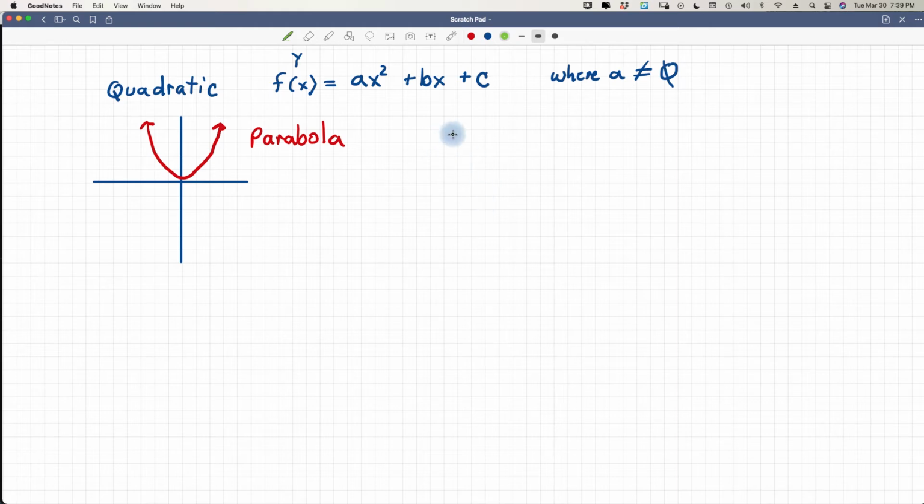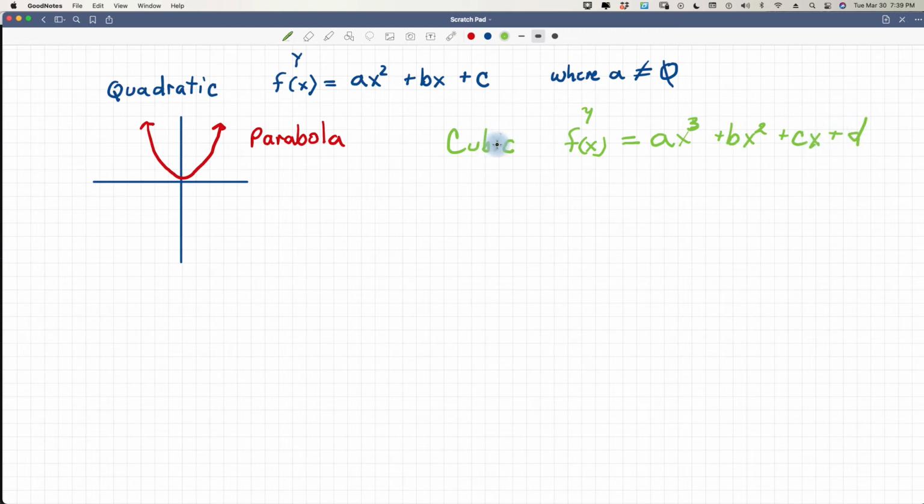And this is called a cubic function. And a cubic function is a function of the form f of x, that's your y value, equals ax cubed, right, plus bx squared plus cx plus d.